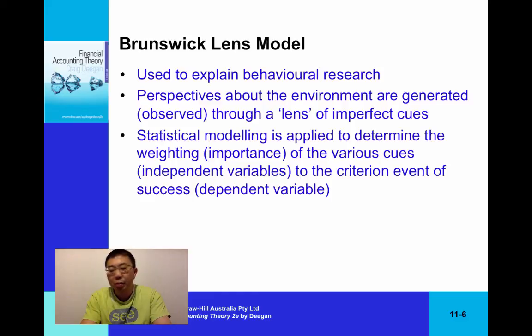It's based on past experiences, but we don't know whether these are the best measures or not. It is just based on practice. So as I mentioned, you use statistical modeling to determine the weightages and which of the various cues or lenses are the most important.